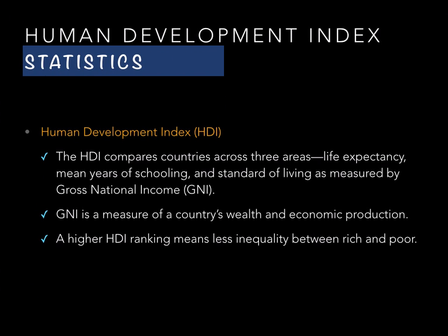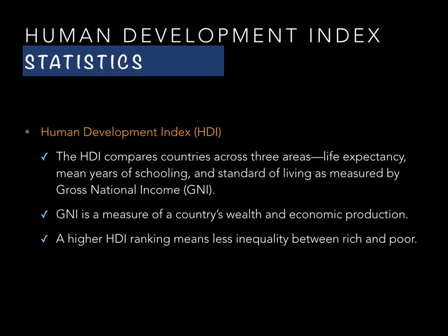Human Development Index. The Human Development Index, or HDI, compares countries across 3 areas. First, you look at life expectancy. Then you look at the mean years of schooling. How many years of schooling do people have in this particular country?